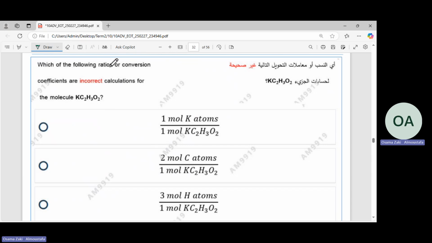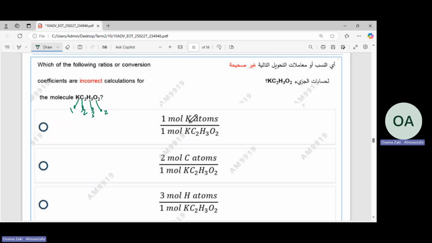Here, which of the following conversion ratios is incorrect, which coefficient is incorrect? Calculations for the molecules of KC2H3O2. Look, how many Ks do we have here? We have only one. Carbon, we have 2. Hydrogen, we have 3. Oxygen, we have 2. Look at the subscript here.